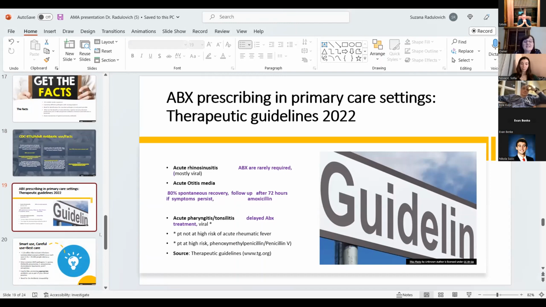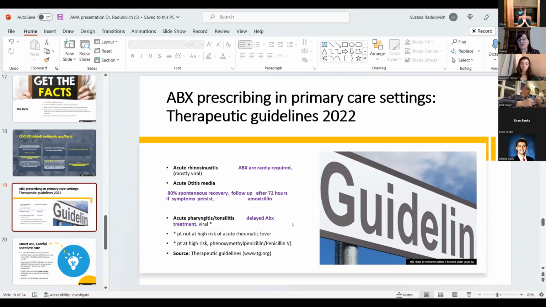But if you can see, for acute rhinosinusitis, antibiotics are rarely required because they're mostly viral. If you have acute otitis media, 80% is spontaneous recovery. However, you have to follow up with the patient after 72 hours, and if symptoms persist and get worse, then prescribe amoxicillin.